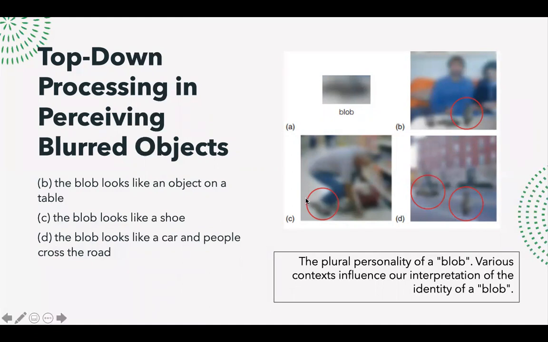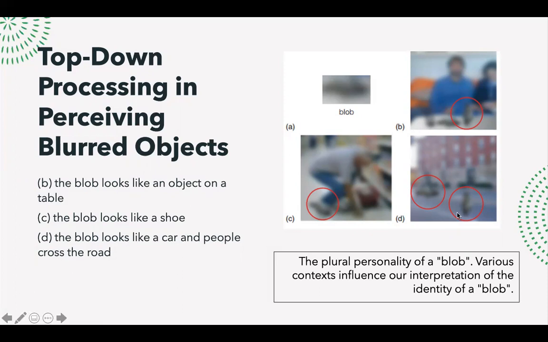And the blob here in figure C is a shoe on a person bending down, most probably in a supermarket, right? Okay, and then in figure D here, the blob is perceived as a car and a person crossing the street.